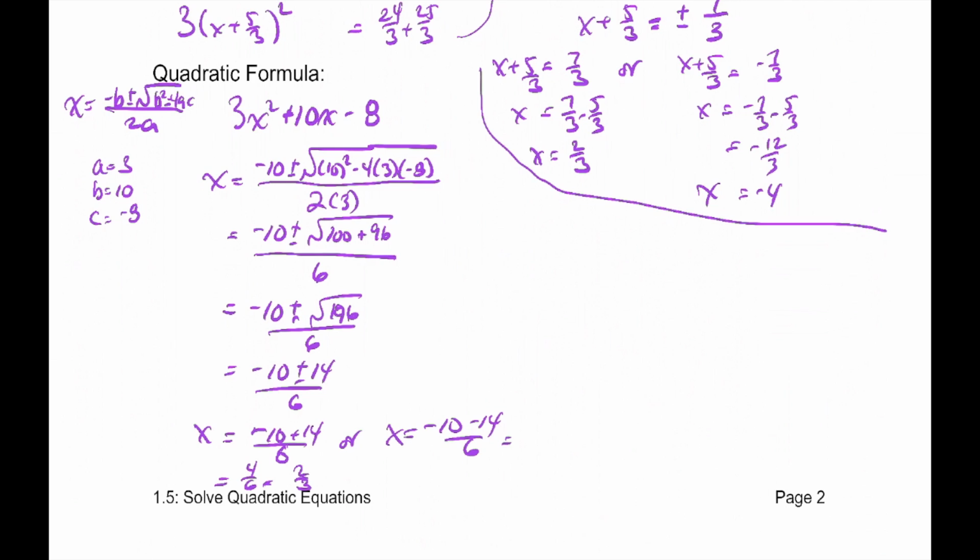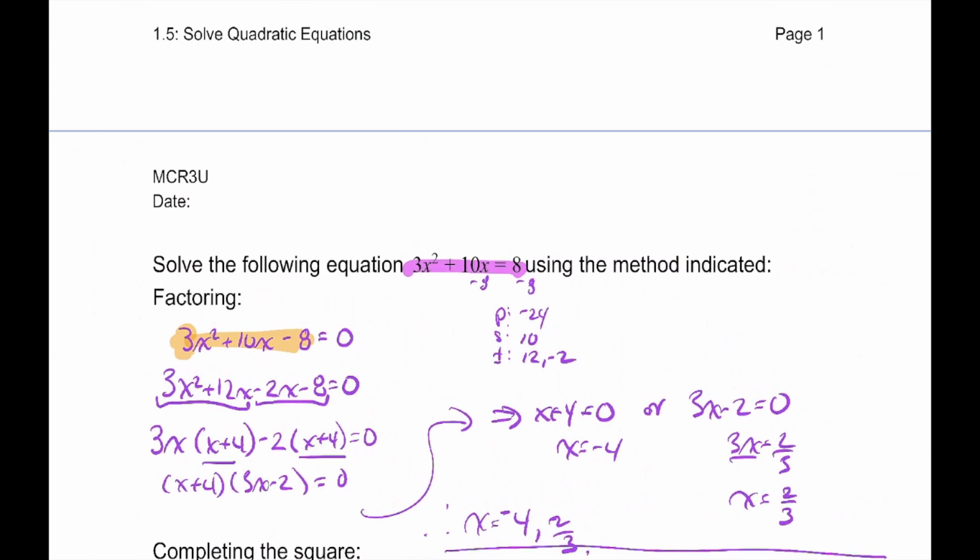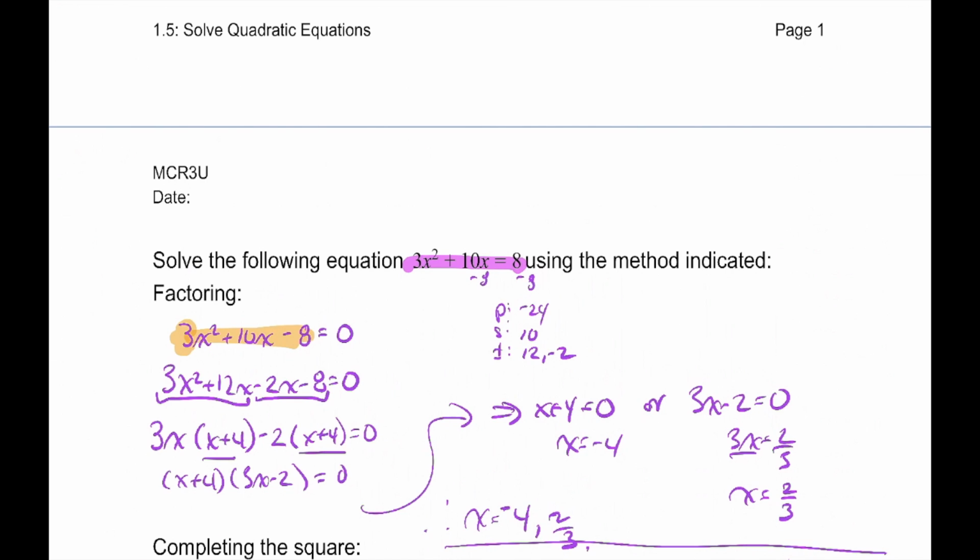And in this case, minus 10 minus 14 is minus 24 over 6, which is minus 4. So again, we get the same answer. That's one thing I like about math. The truth is the truth. You plug in the values of 2/3 or minus 4, and it will make our original equation true.